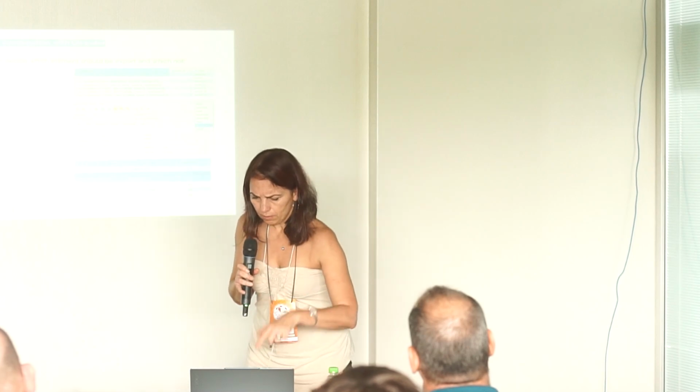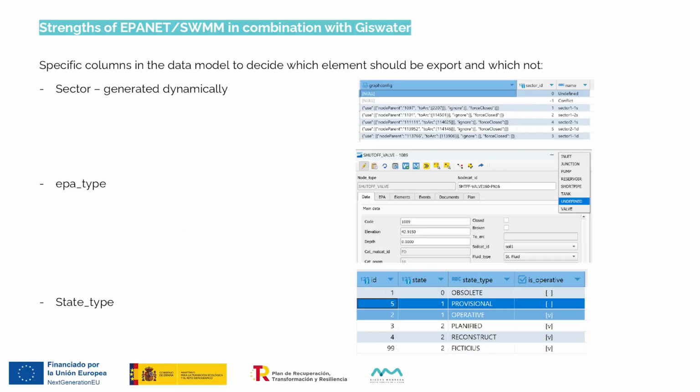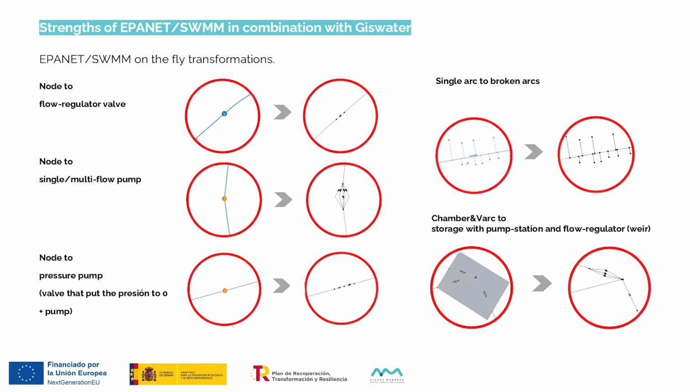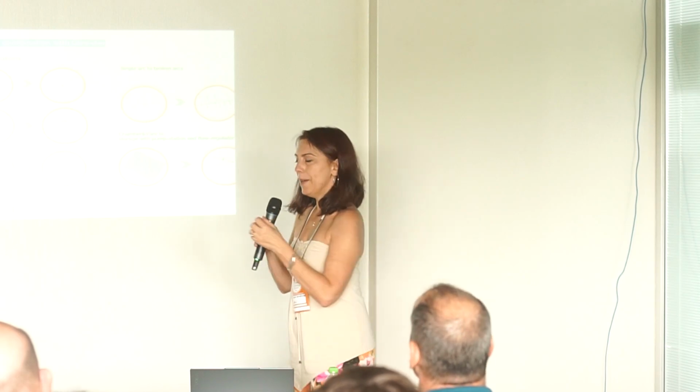Maybe later I will jump. So, when you declare all these things in the Giswater environment, there is one moment when you decide to send the data to Epanet or SWMM. And right at this moment, when the INP file is prepared, inside the functions of Giswater, it happens like an explosion.